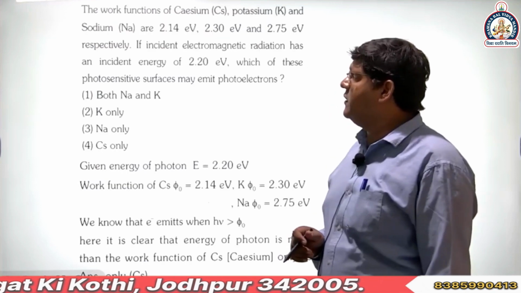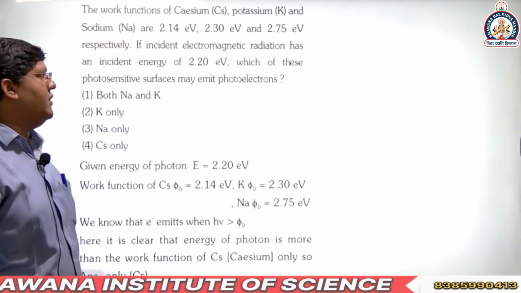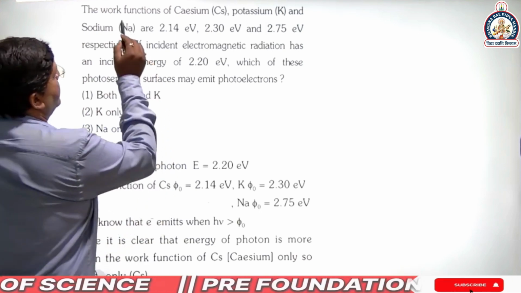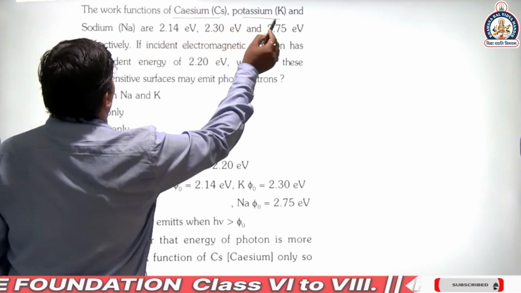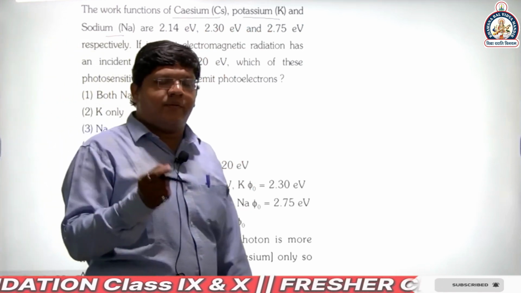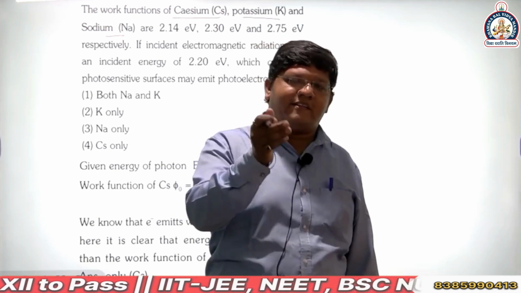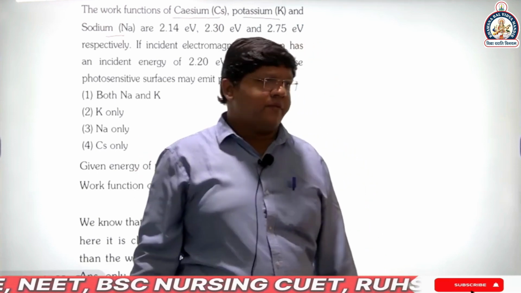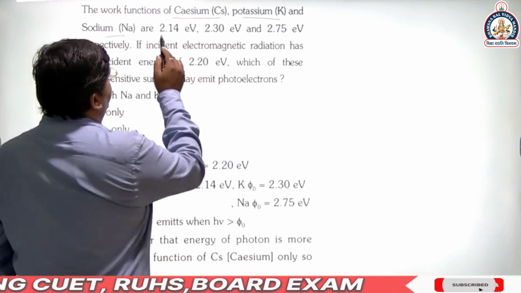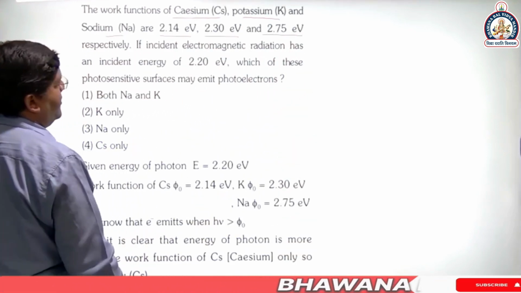Now proceeding to the next part, the next question is related to the work function of an element. The question says the work function of cesium, potassium and sodium are given. As we all know, work function is the minimum work done or the energy required to make an electron escape from a metal. So the values are 2.14 electron volt, 2.30 electron volt, 2.75 electron volt respectively.